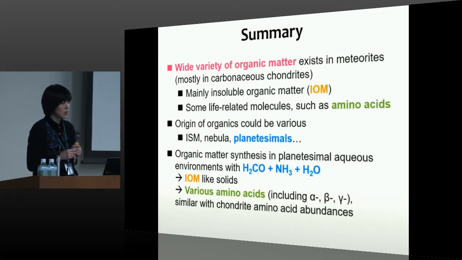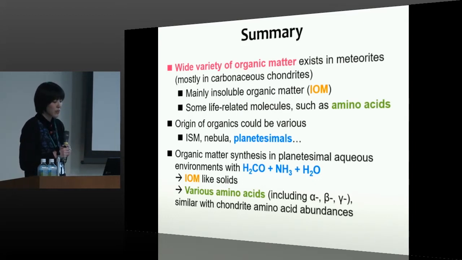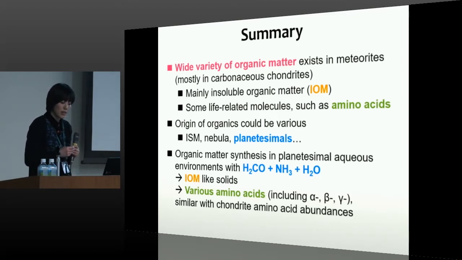We are focusing on the process in planetesimals, and we did experiments simulating aqueous alteration using formaldehyde, ammonia, and water. We can form IOM-like organic solid, as well as various amino acid species, including alpha, beta, and gamma amino acids. And the trend is similar to the one found in aqueously altered chondrites. Thank you for your attention.